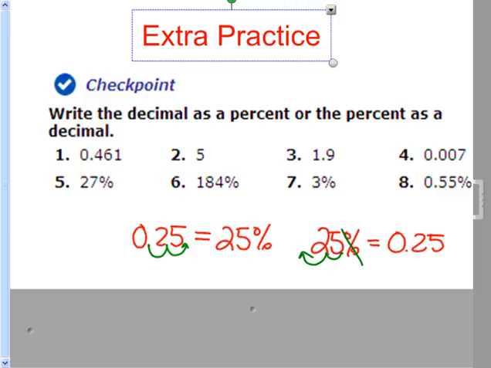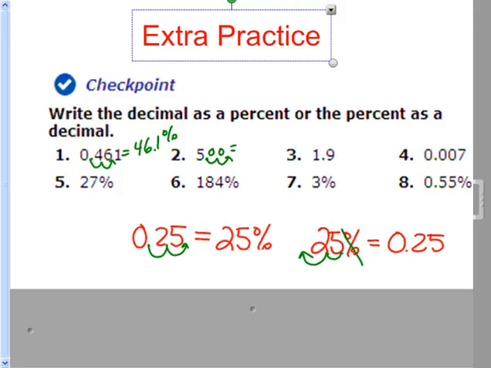So using that as a guide, for number 1, moving my decimal point to the right, that would be 46 1/10%. For number 2, the decimal point would be here in this decimal number, moving it to the right twice. I have 2 decimal places to fill in with zeros.